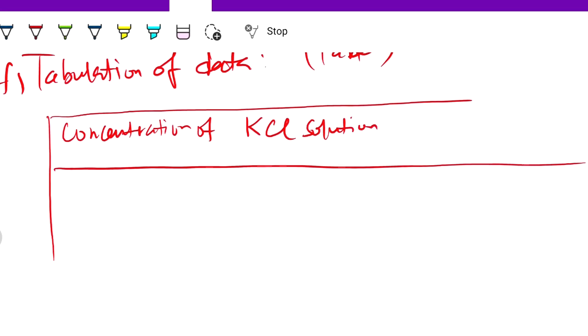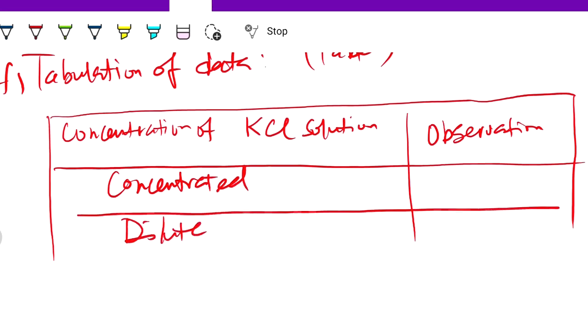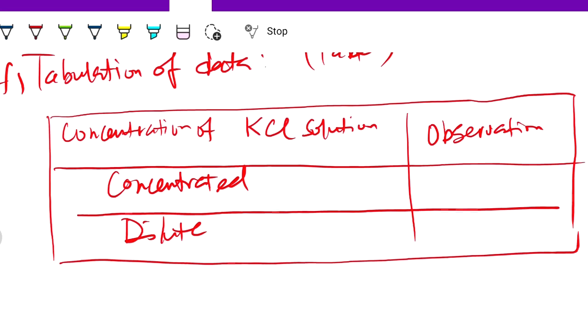Then the RV is the product at the anode, so we can also write observation. For concentration, first we use concentrated, another one we use dilute. The observation we can leave empty because you are planning the experiment.